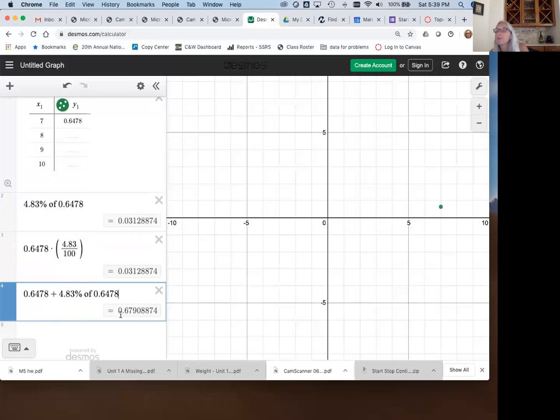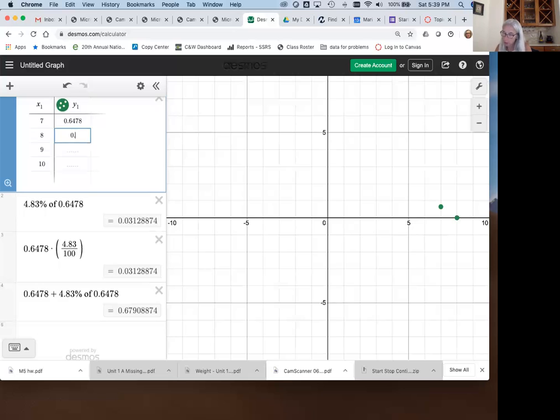And this becomes my new output for the year 2018, 0.6791. Let's do 4 decimal spots. So you see what I did there? I started with this much, and then I added to that 4.83% of that much.